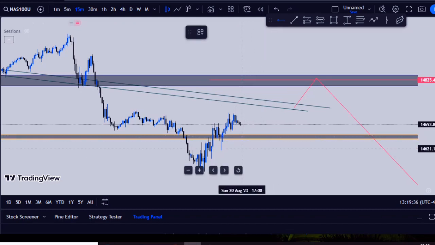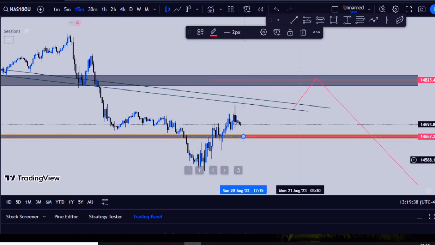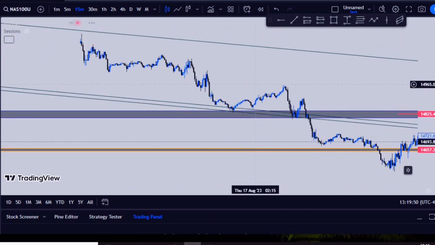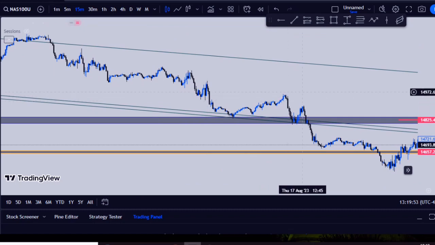Let me mark it out. All right, this level you sell. Once you give a rejection at that level, you sell, or you give a break all the way down to 14,657. If it breaks below it and retests it, kindly sell.